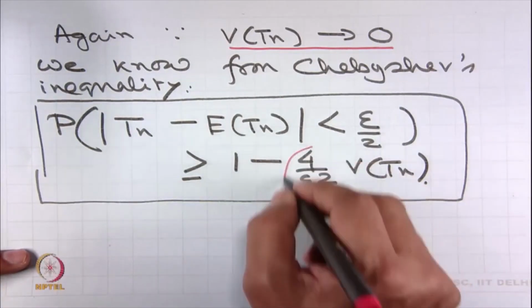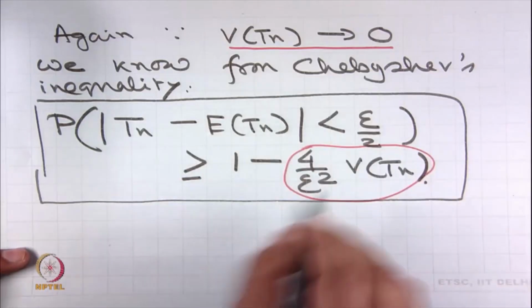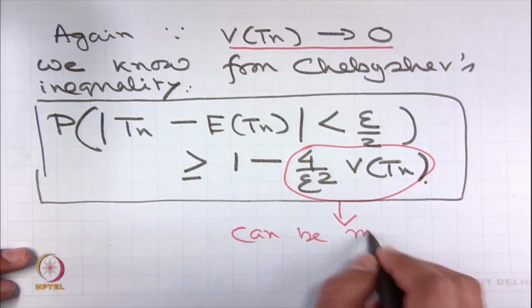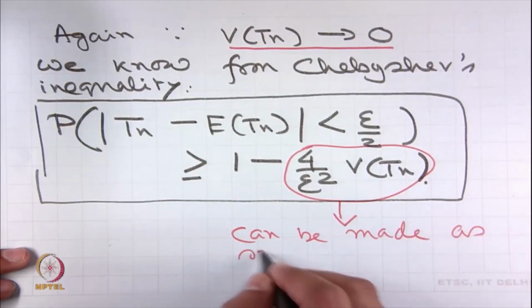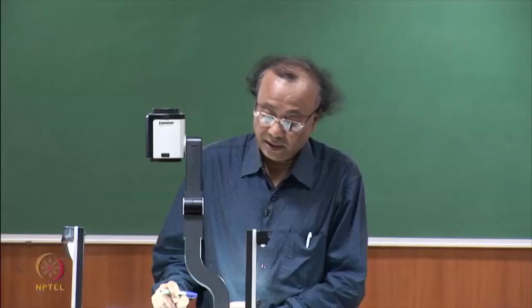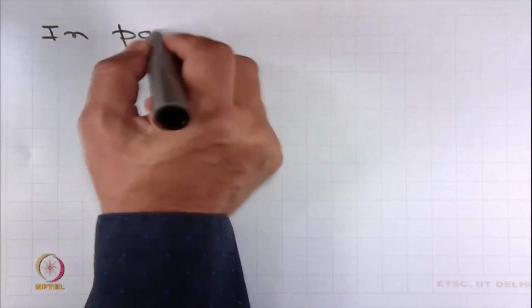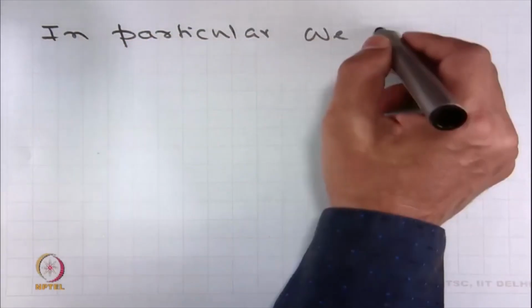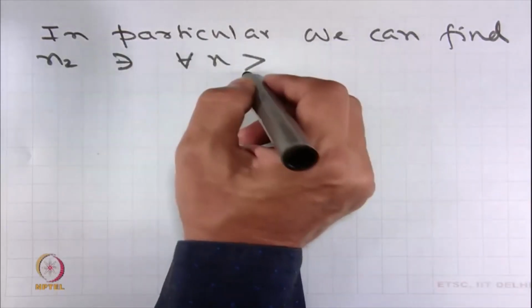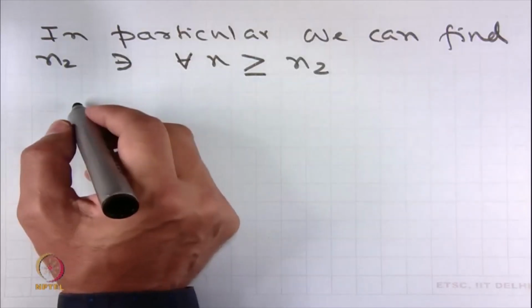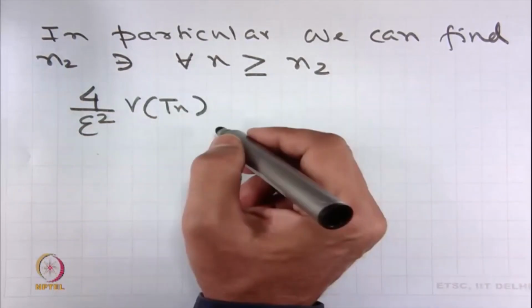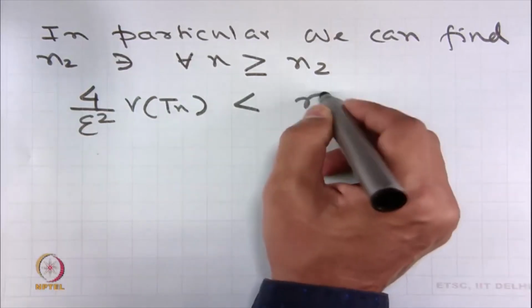Therefore, what we get is that as variance of T n is going to 0, this quantity can be made very, very small. Right? In particular, we can find n2 such that for all n greater than equal to n2, 4 by epsilon square into variance of T n is less than eta.